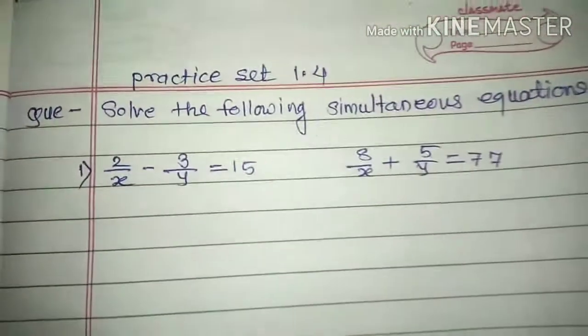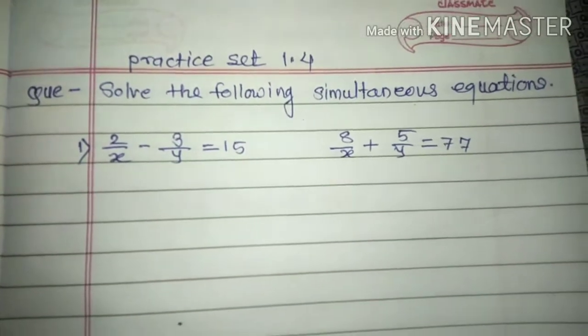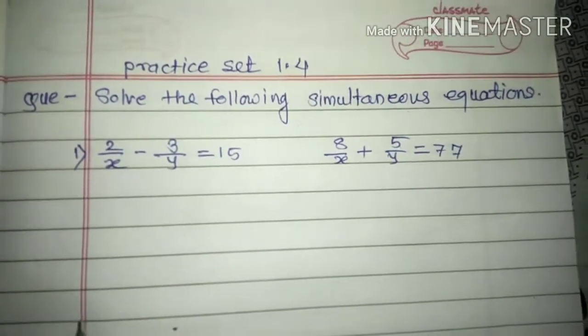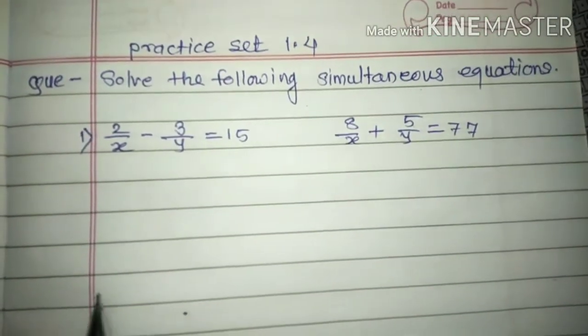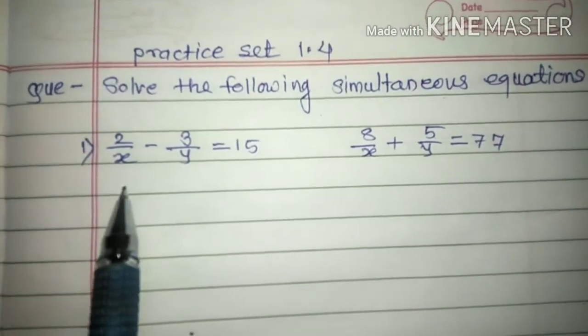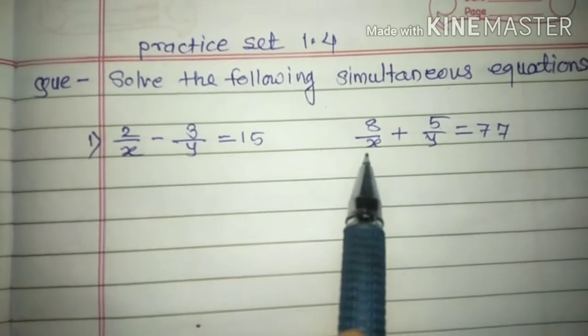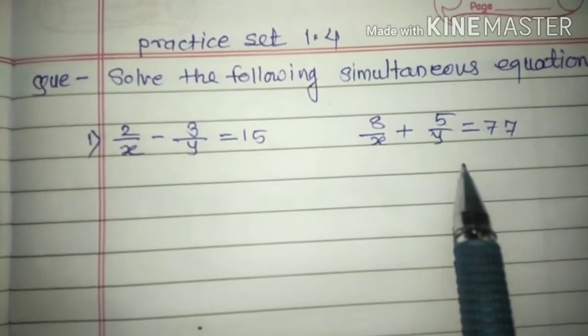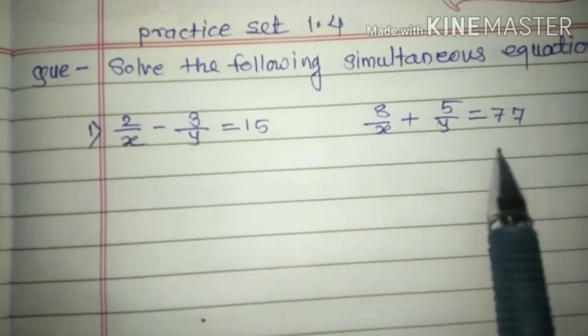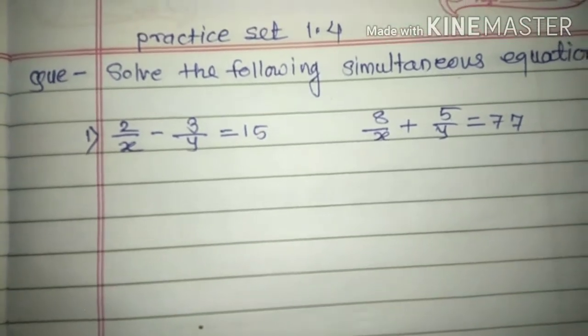Then next example for the practice set 1.4, solving the following simultaneous equations. The example is 2 upon x minus 3 upon y is equal to 15. Then 8 upon x plus 5 upon y is equal to 77.